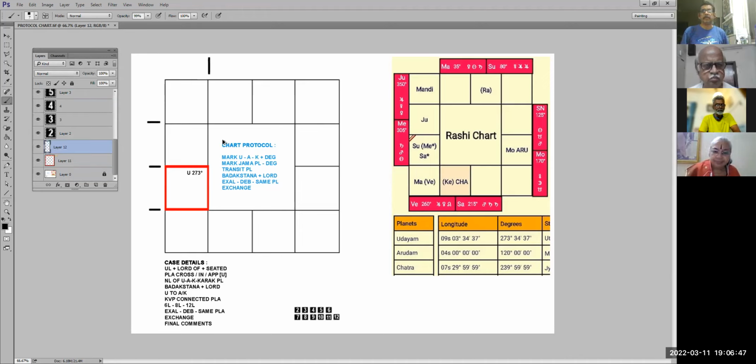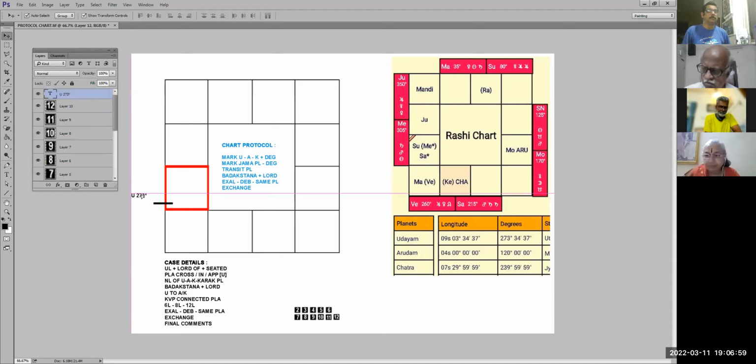I hope you all know that. So if we are at 270 and 273, it will approximately be here somewhere. So mark a thick line over there and you can write your Udayam over here if you want, like this. Or you can write it here, wherever you want. Write it inside, because Udayam is inside. Okay. Have you done this so far, all of you?